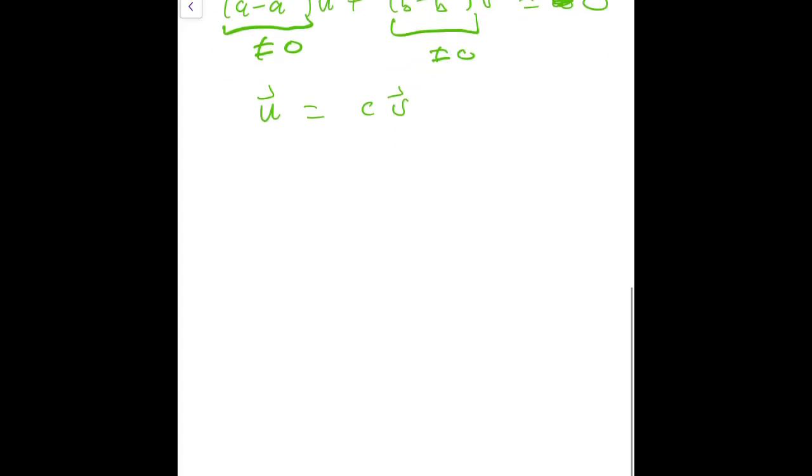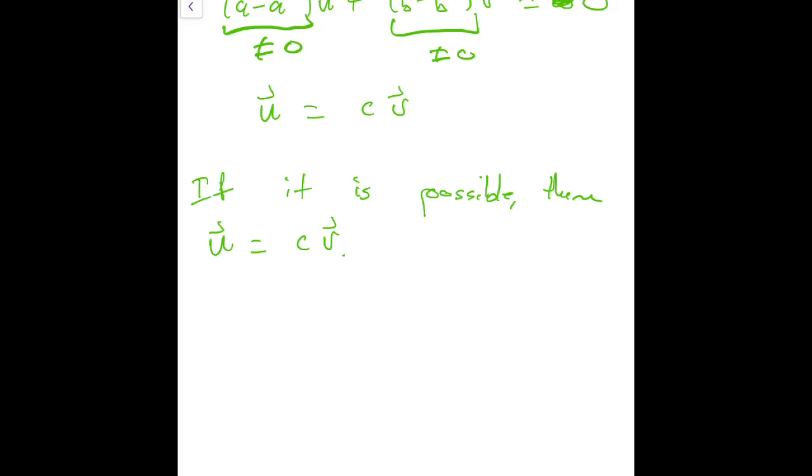If it is possible, then U is just equal to a scalar multiple of V.